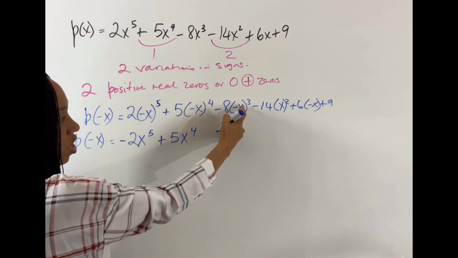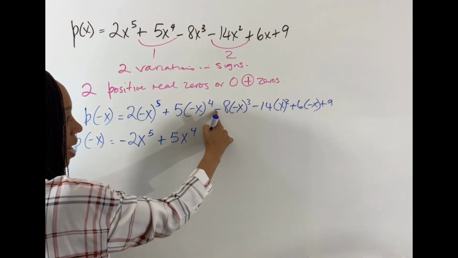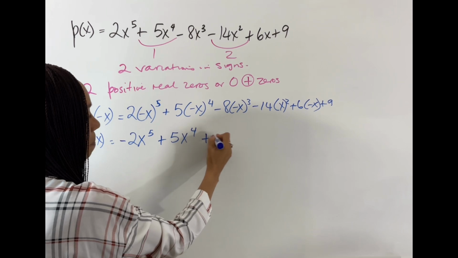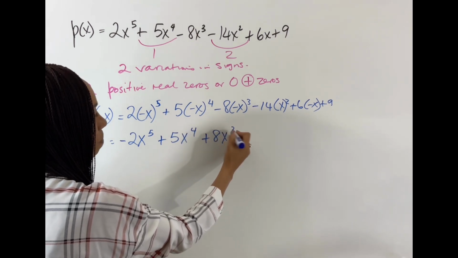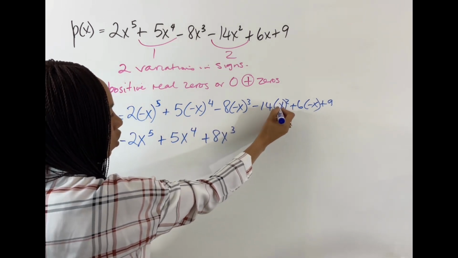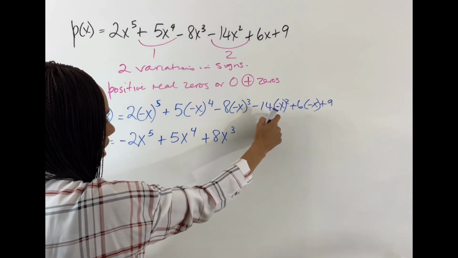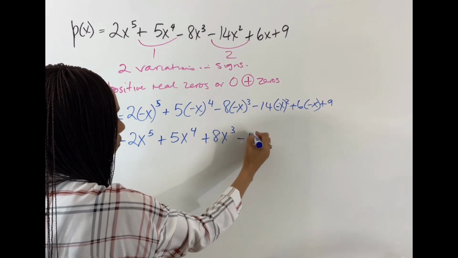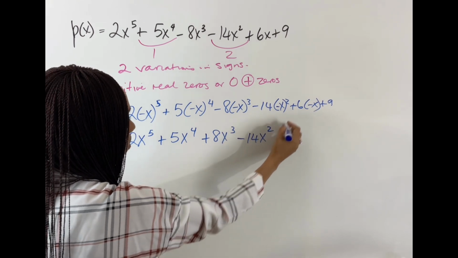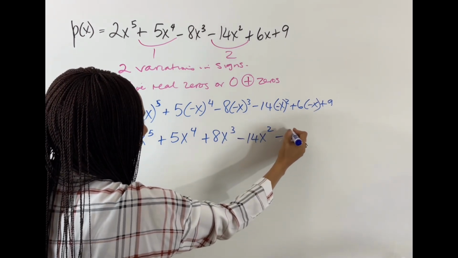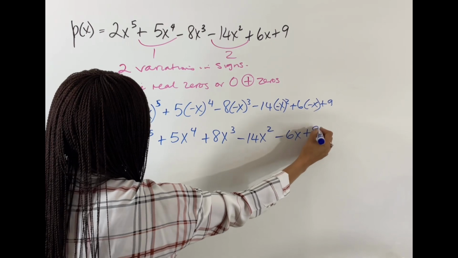This is going to be a negative and a negative with a negative 8, which is going to be a positive 8x to the third power. Sorry, I didn't put this negative x there. This is going to be a positive x, so it's negative 4x to the second power. And we will have negative 6x here and plus 9.